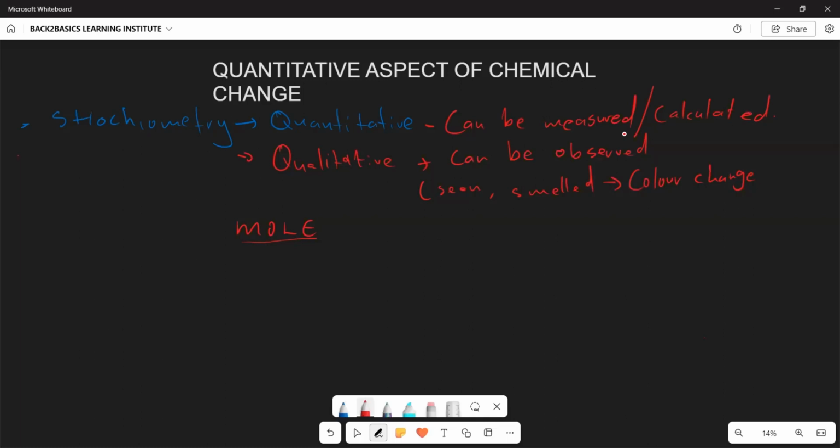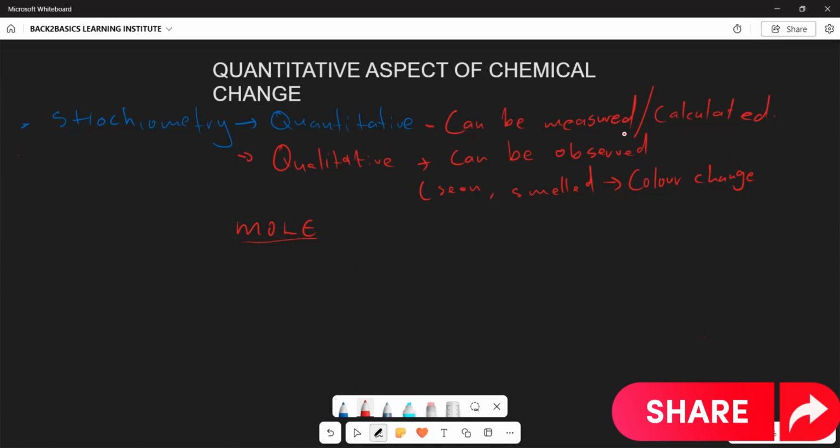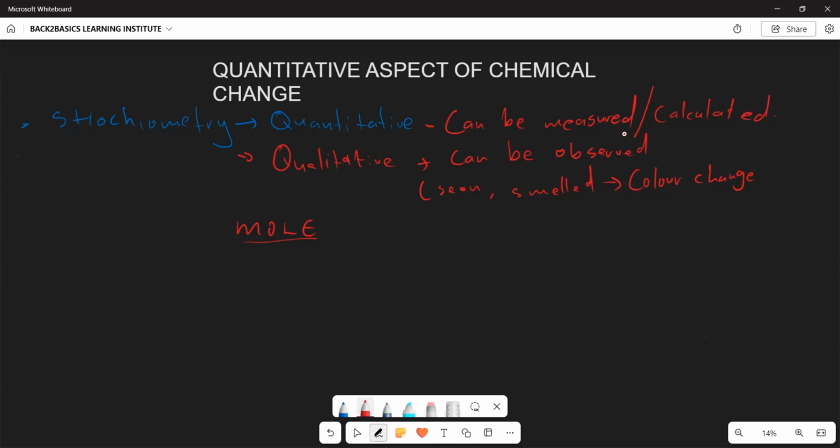Rather than dealing with all those particles of sugar in your teaspoon individually, we deal with a special number of particles that can represent them altogether.